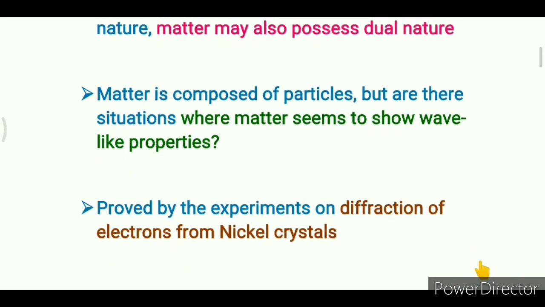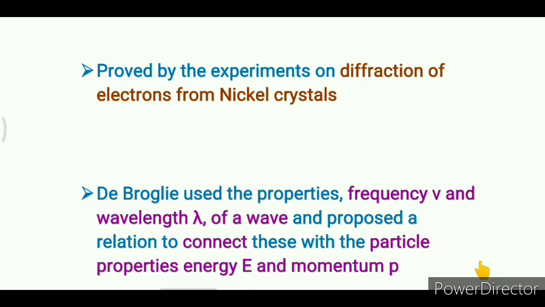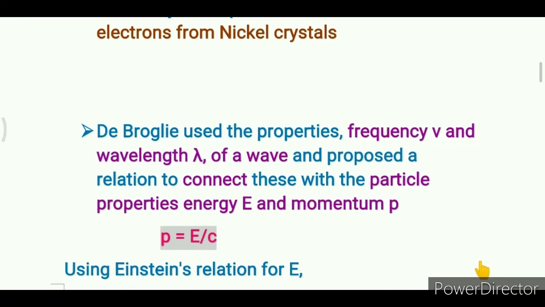De Broglie used the properties of a wave, that is frequency nu and wavelength lambda, and proposed a relation to connect these with the particle properties, that is energy E and momentum P. The momentum P carried by a photon of energy E is given by P equals E upon c, where c is the speed of light.